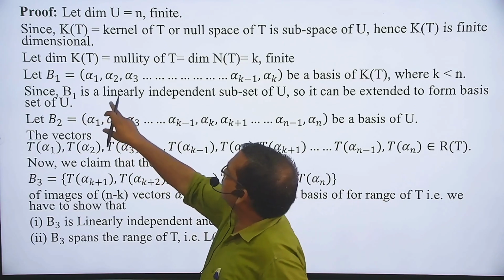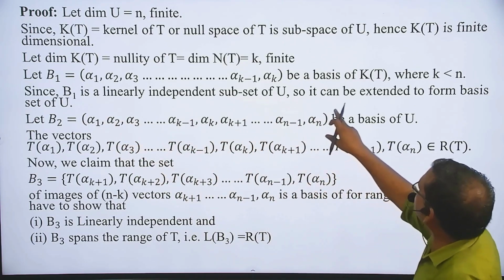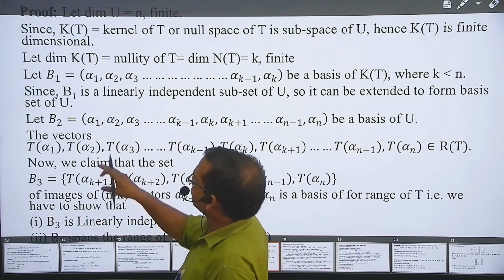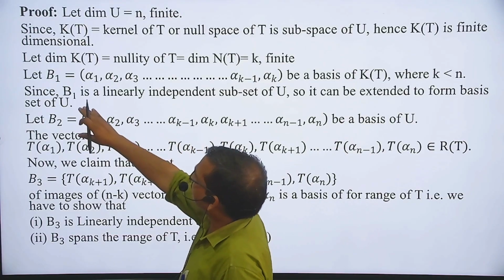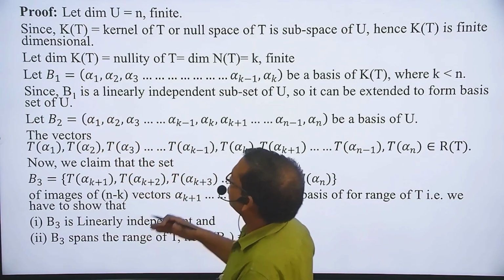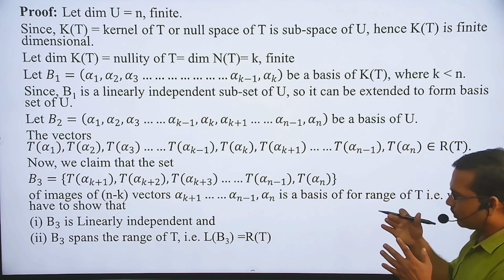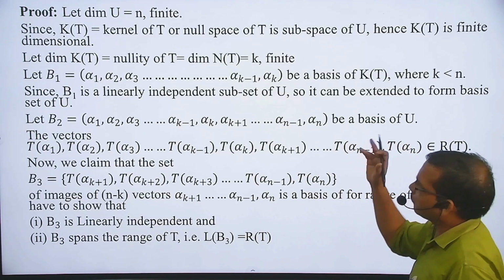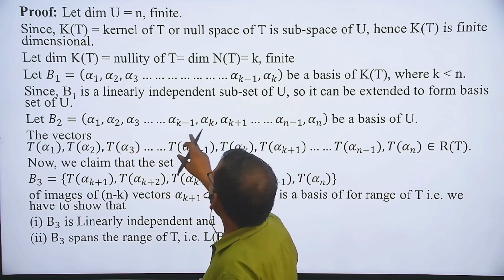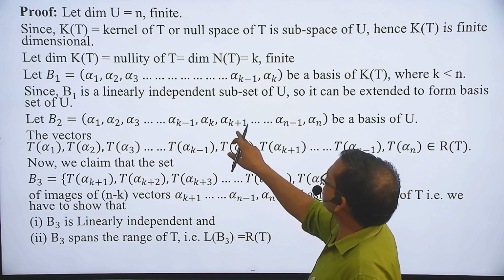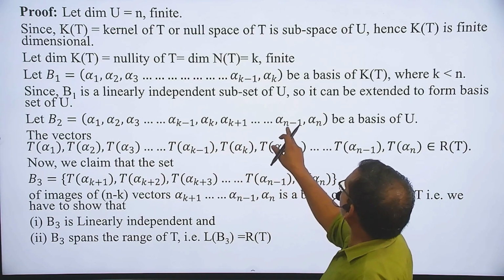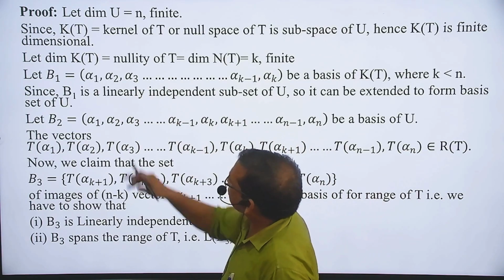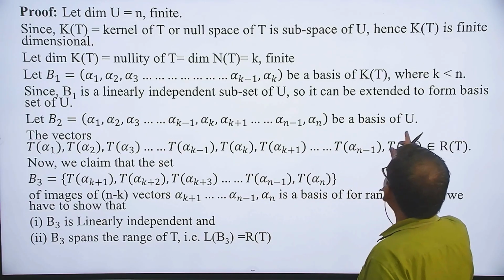Since B1 is a linearly independent subset of U, it can be extended to form a basis of U. With the help of the null space basis B1, we will write the basis of U. For this, we take some other elements alpha k plus 1, alpha k plus 2, and so on up to alpha n, and add them to B1 to find the basis of U.